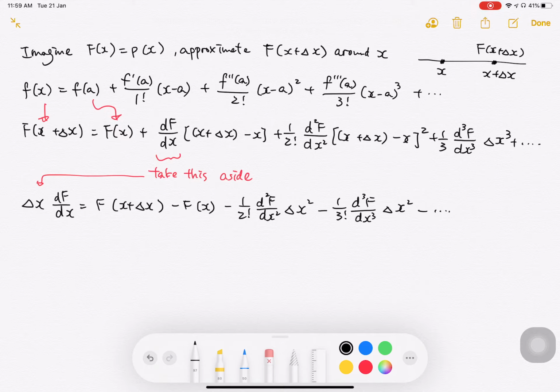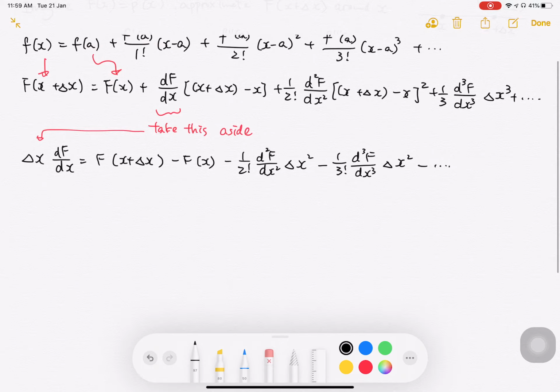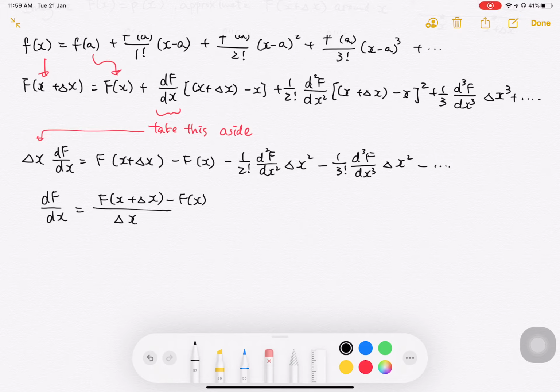Okay, so we divide the whole term by delta x. This is just copying this part.